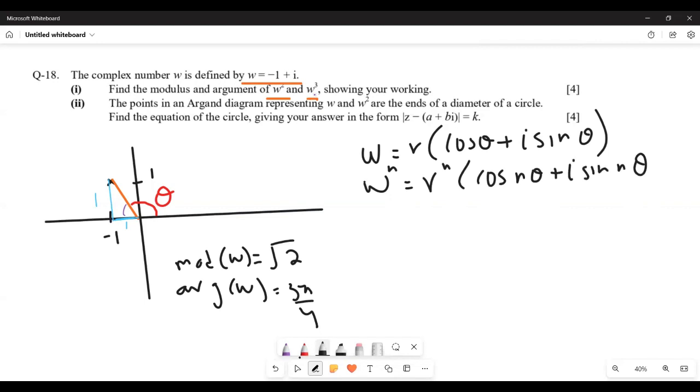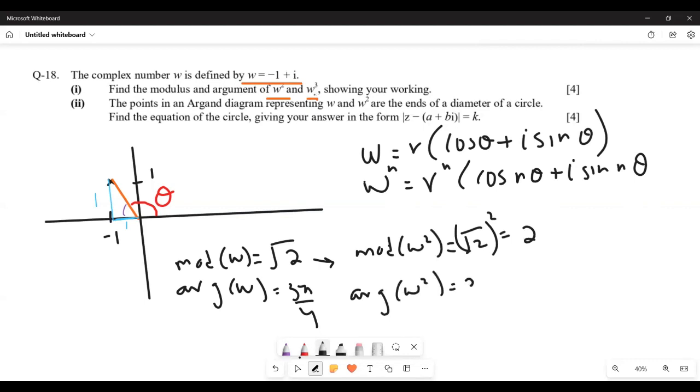So the modulus of W square is just r square, so under root 2 square, which is 2. And then the argument of W square would be 2 times the existing argument, which is 3 pi by 2.